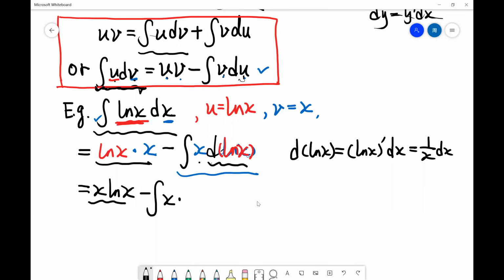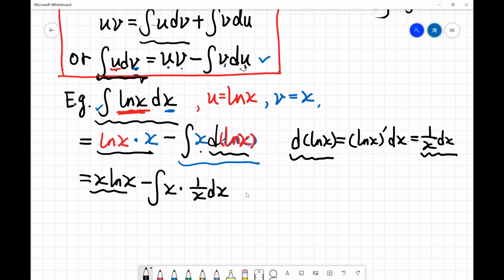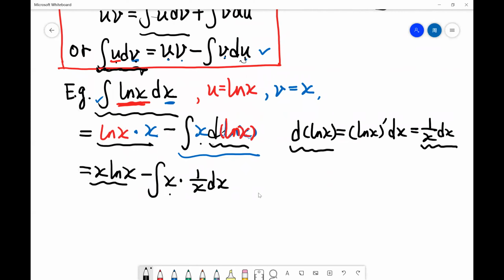So d ln x equals 1 by x dx here. And you will find that x times 1 by x, so x can be cancelled here, right?